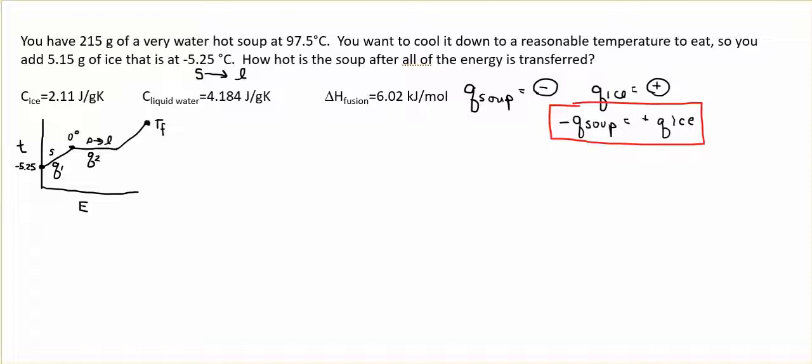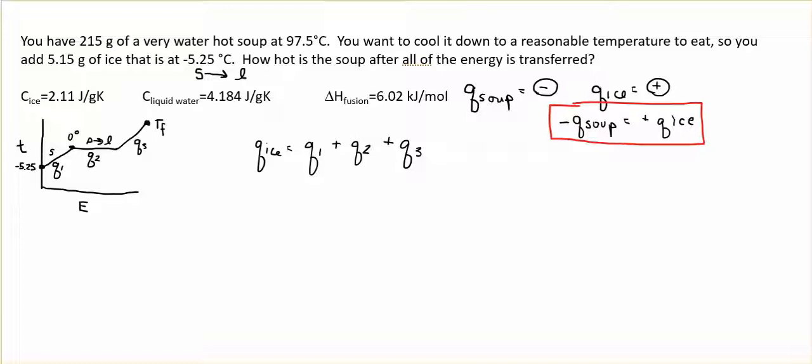I'll label this Q2, that's the energy of the phase change, and I'll label this as Q3. The Q of the ice is equal to Q1 plus Q2 plus Q3. Okay, so let's focus on that ice first, and let's focus on these three Qs and see what we can understand and get from this ice part of the equation.